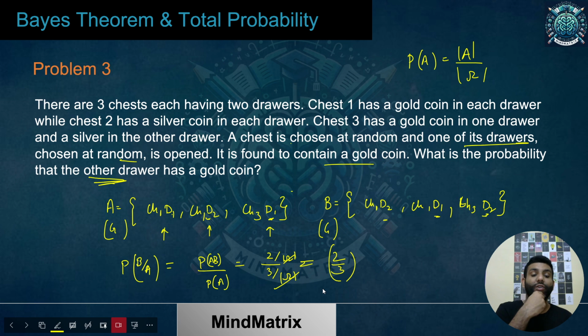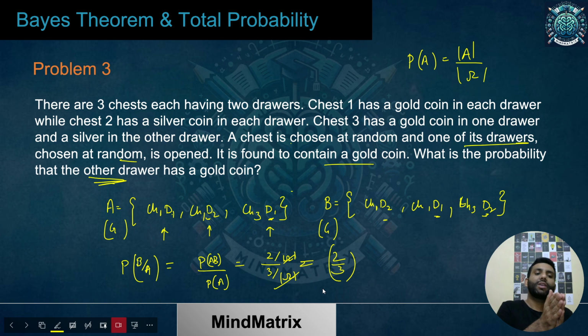If I write CH1 D1, CH1 D2, CH3 D1, then the second draw will be from the same chest. If CH1 D1 was the first draw, then the other draw would be CH1 D2. If CH1 D2 was the first draw, then CH1 D1 becomes my other draw. If CH3 D1 was my first draw, then CH3 D2 will become my second draw. That's how I have written these.